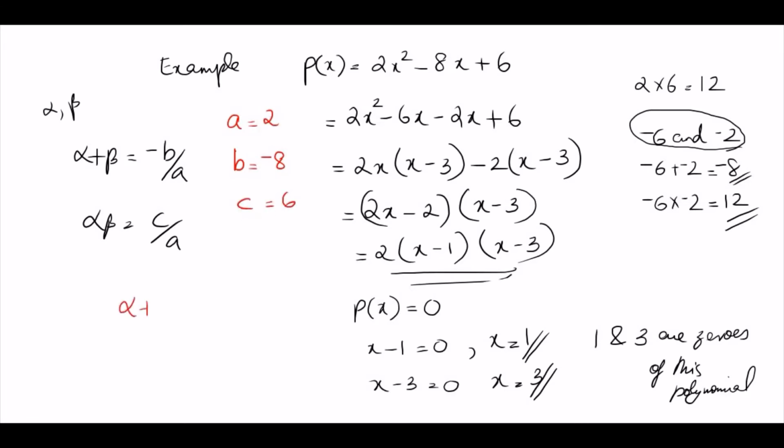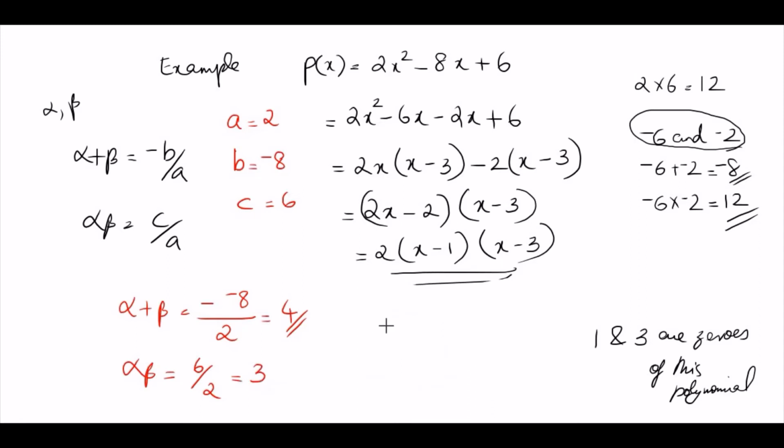So alpha plus beta is minus b by a, minus of b is minus 8 by a, a is 2. So the minus and minus get cancelled, and 8 by 2 is 4. Now alpha beta is equal to c by a, that is 6 by 2, that is equal to 3. Now let's check alpha plus beta.